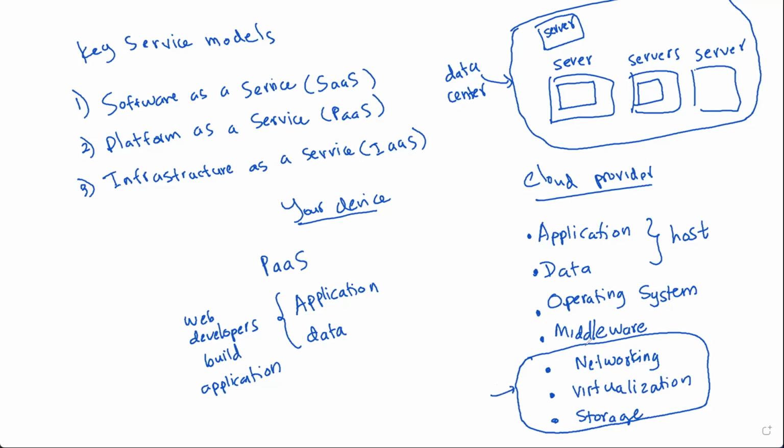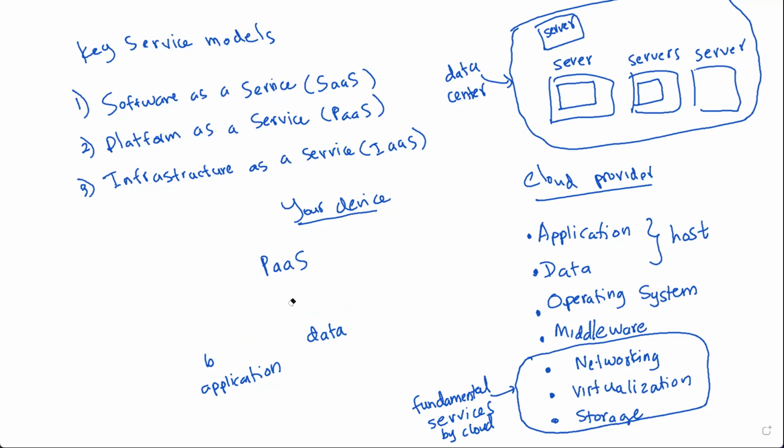So basically these three functions, networking, virtualization, and storage, are fundamental services provided by the cloud. All the time these three services are provided by the cloud. Other services can change based on the service model that we have selected.